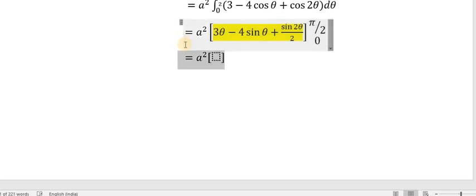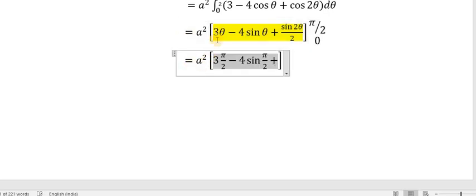So we get a square into 3 into theta, which is pi by 2, minus 4 into sin theta, where pi by 2 we have substituted, and then next value sin 2 theta means 2 in pi by 2 get cancelled, so sin pi by 2.